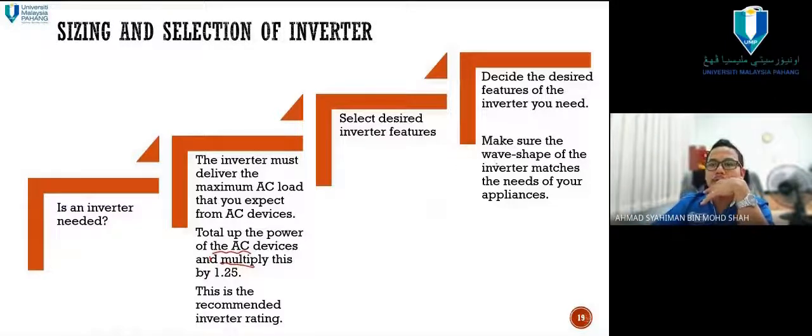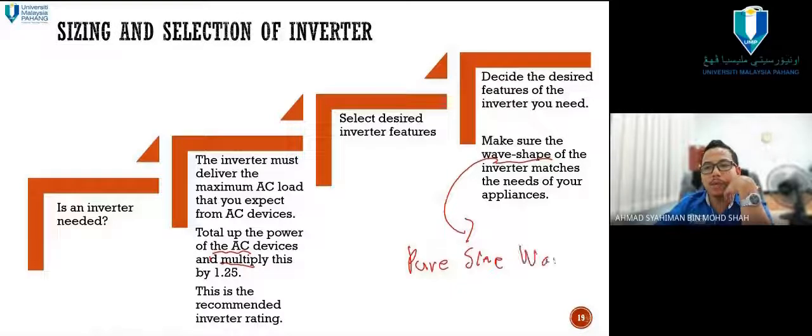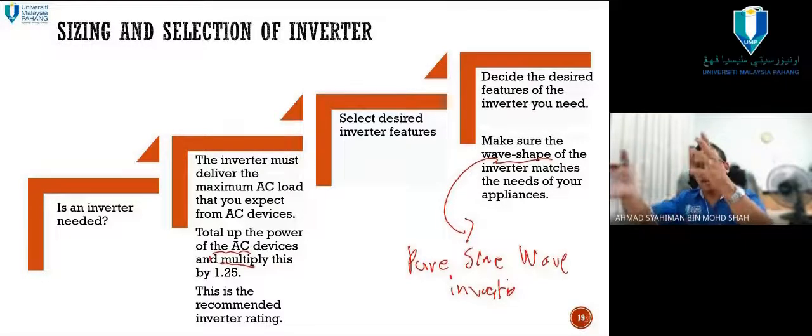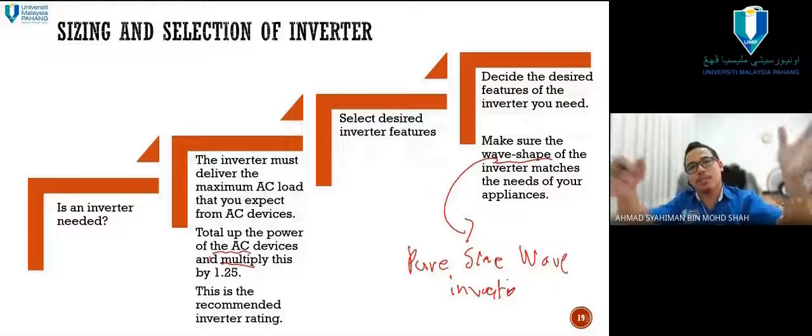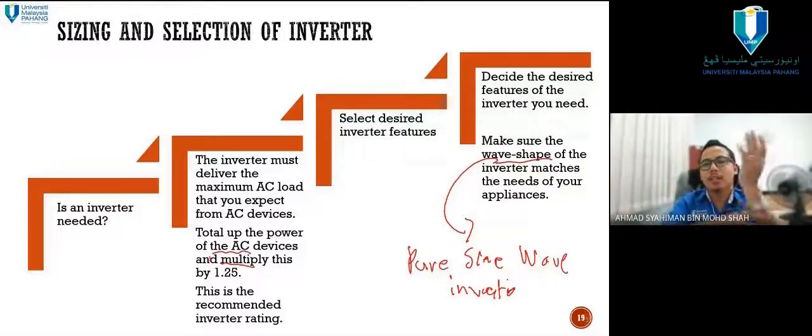Make sure the wave shape of the inverter matches the needs of your appliance, as I told you. Please find a pure sine wave inverter. This is the worst part, before you buy those cheap inverters online. So please find a pure sine wave inverter.